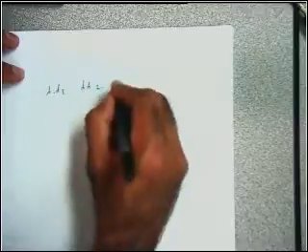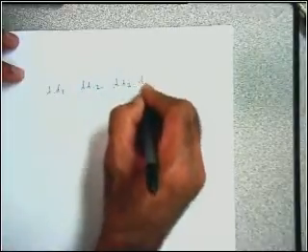Proteins are made up of amino acids, correct? Amino acid 1, amino acid 2, amino acid 3, amino acid 4. You have different amino acids, and they form a linkage.